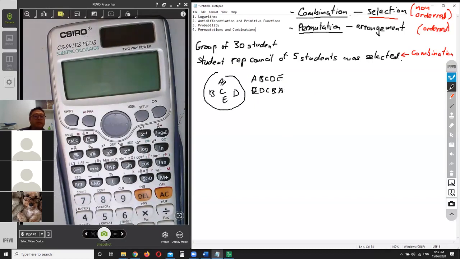Because if you put each of these, say, marbles in a bag, the order wouldn't matter. B, C, A, D, E, that's all still the same selection. Does that make sense? So how many ways can you select 5 students from 30? How many combinations would there be? Any ideas?